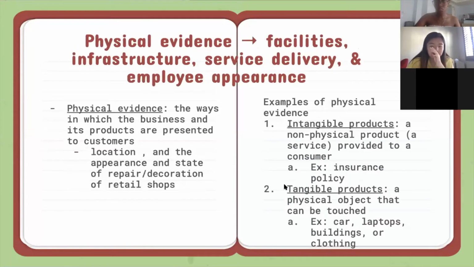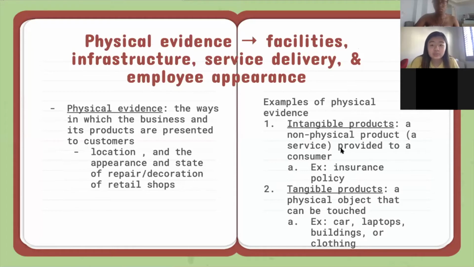Okay. Physical evidence, like facilities, infrastructure, service delivery, and employee appearance. The definition of physical evidence is the ways in which the business and its products are presented to customers. Examples would be the location or the appearance and state of decoration of retail shops.